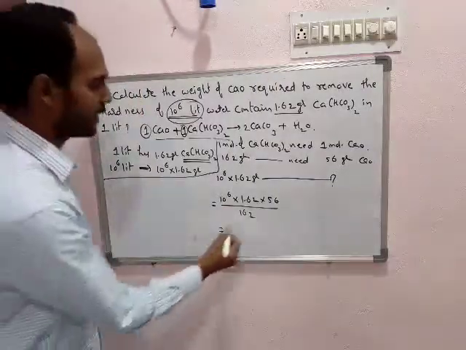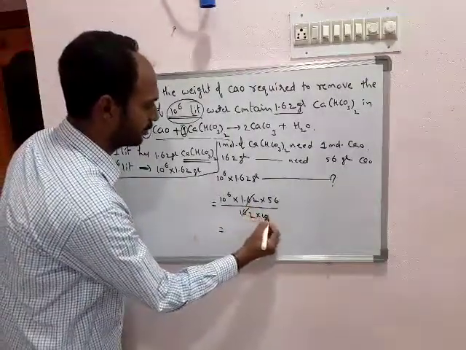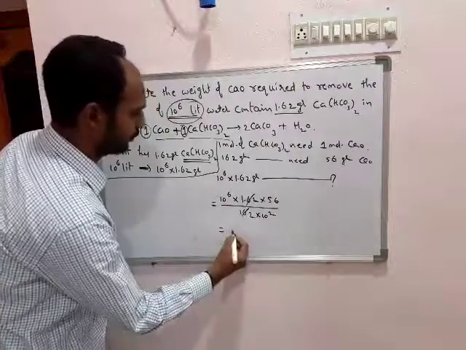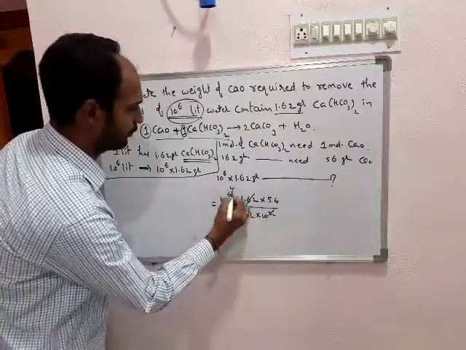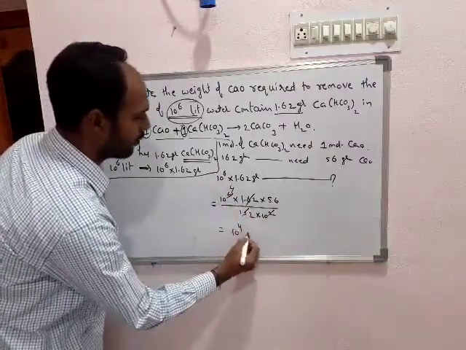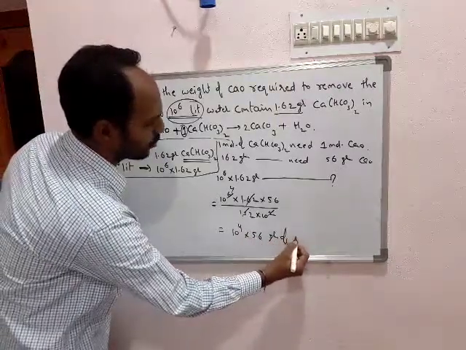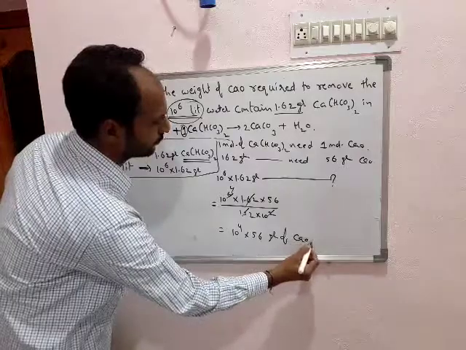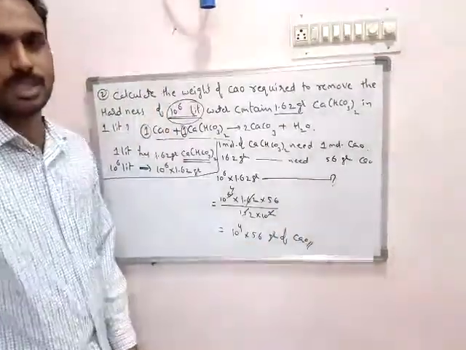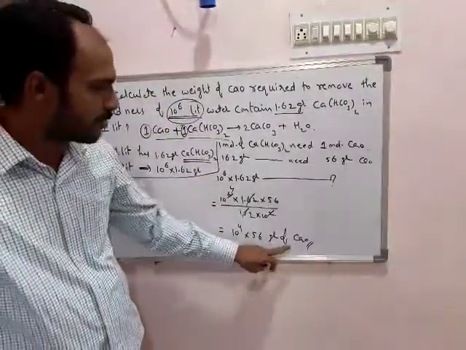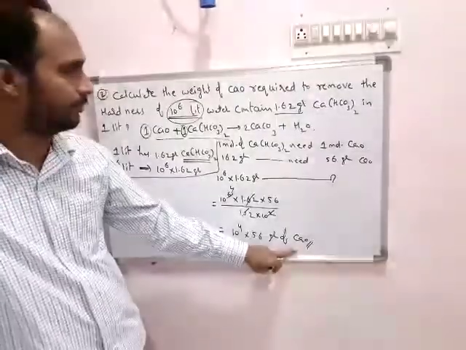So finally here we get 10 power 4 into 56 grams of CaO. 10 power 4 into 56 grams of CaO is required.